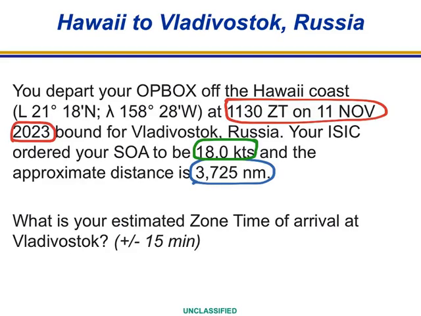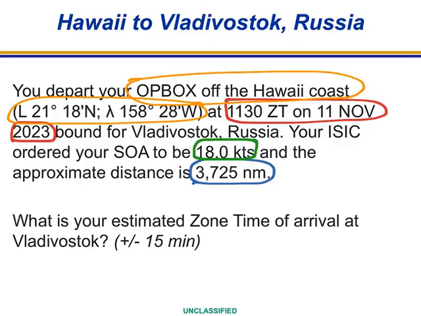We go back to the problem, we see that we were told that we're in an op box off the Hawaii coast. And we also give a lat long right there. Since we're underway, not a port or anywhere near a port, not at Anchorage or anything like that, we're going to figure out our zone description based off of our longitude.